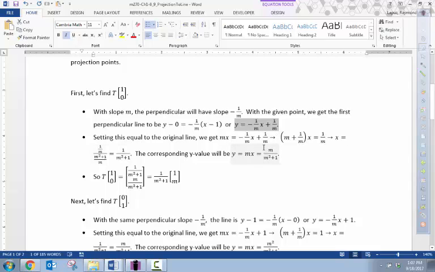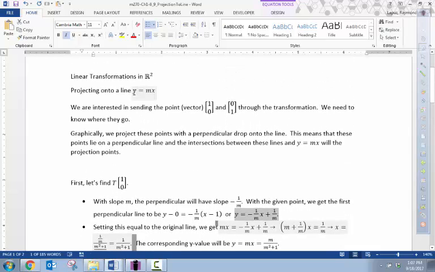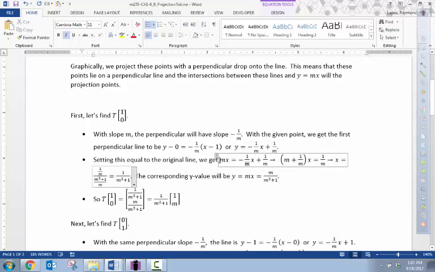And so now I want to find the intersection between this line and the original line, y equals mx. So I set those two equal to each other, and then I got x to equal 1 over m squared plus 1, and then I got y to equal m over m squared plus 1. So 1 over m squared plus 1 and m over m squared plus 1 will be the point that it's going to go to on that line.